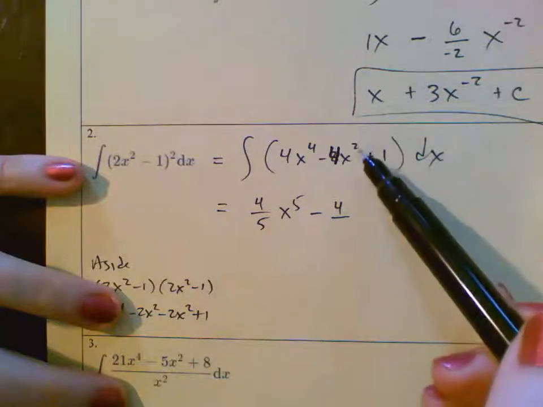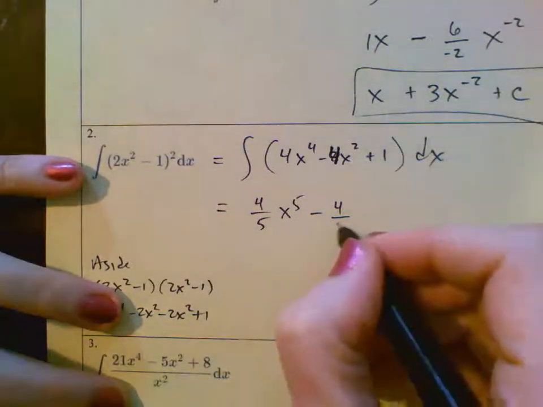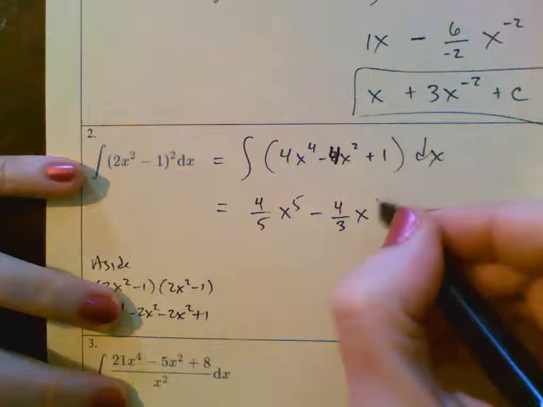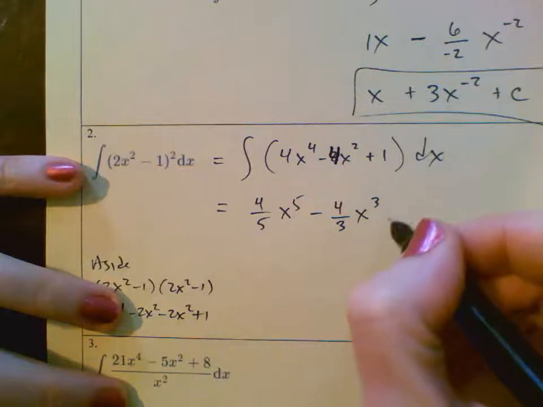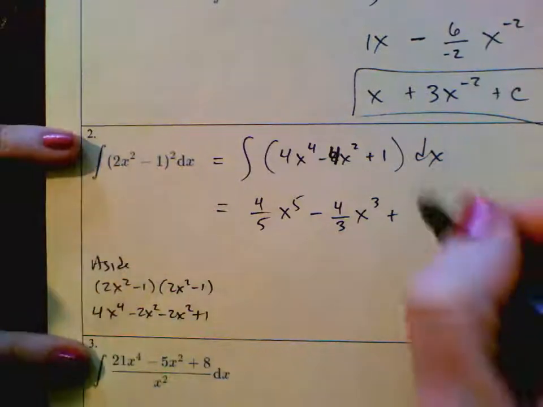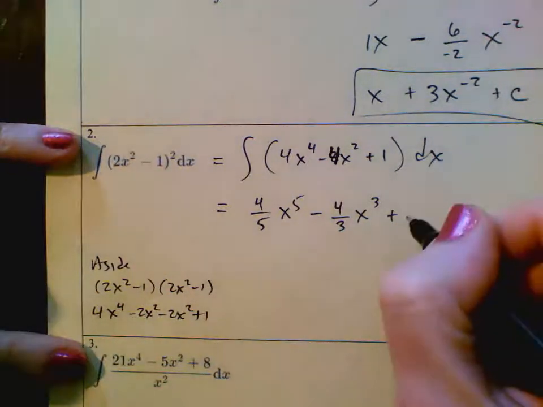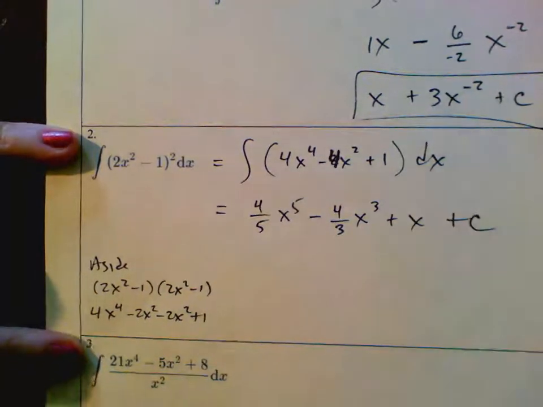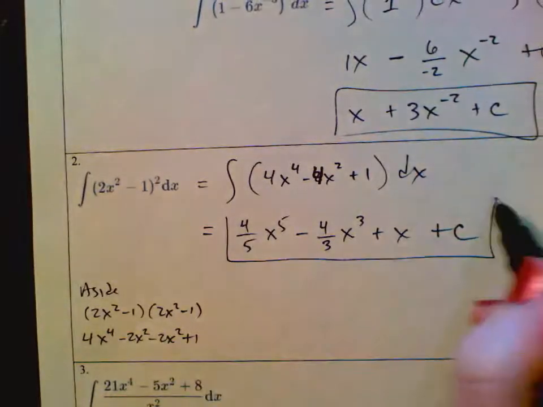I'm going to divide by 2 plus 1 is 3, x to the 3rd, plus the antiderivative of a constant is just the constant times x. So that'd just be x and then plus c. That was not bad.